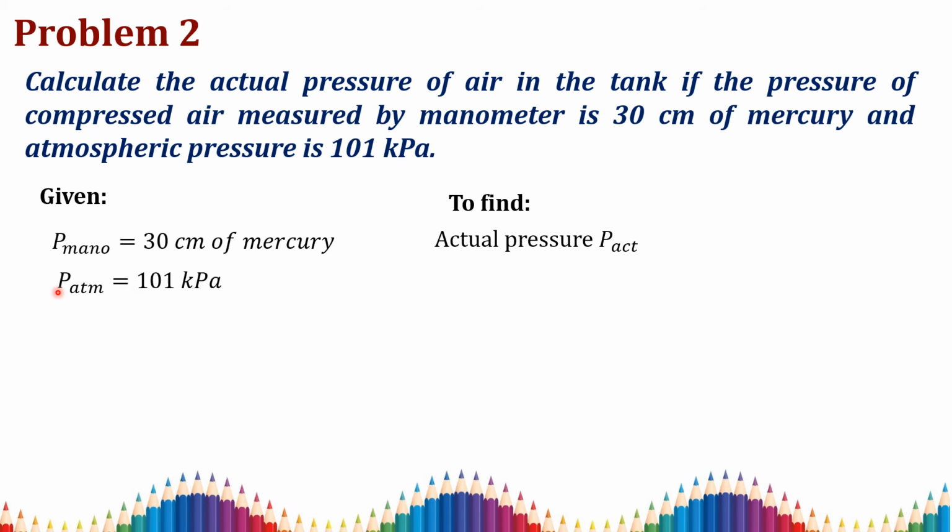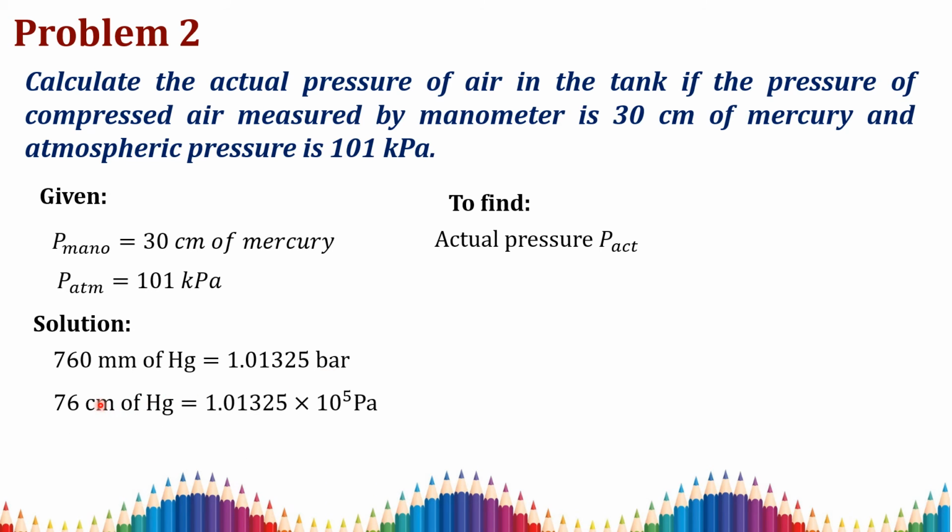So before entering into the problem, we need to know some basic values. That is, 760 mm of mercury shows 1.01325 bar. Okay, what is bar? 1 bar equals 10 to the power of 5 Pascal, or 1 bar equals 10 to the power of 5 Newton per meter square.